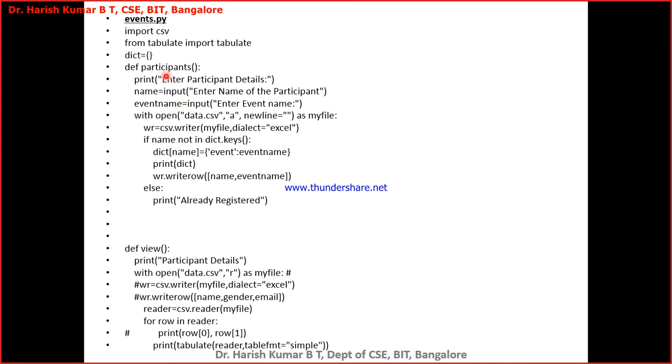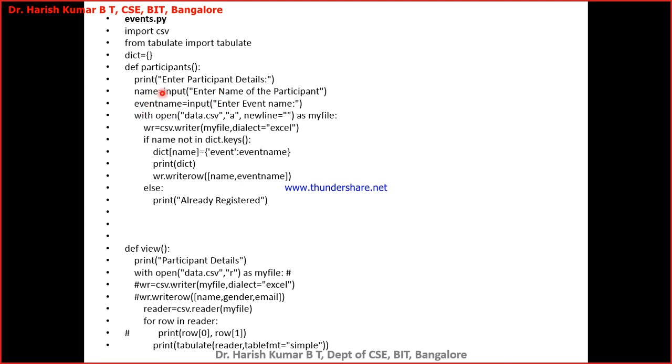Okay. Now after this, just observe here. I'm writing the definition of participants. What I'm doing: print enter the participant's details. So I prompt this on the screen and then I'm reading the name of the participant and assigning it to name. And then I'm also reading the event for which he is interested in registering, and it gets assigned to event name.